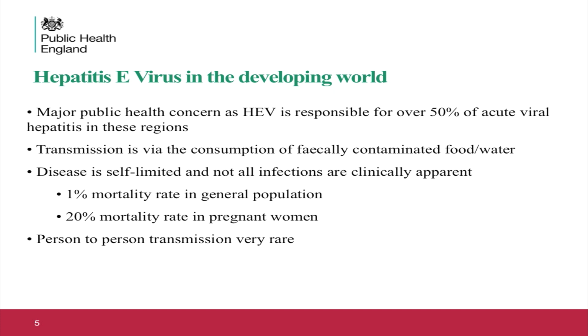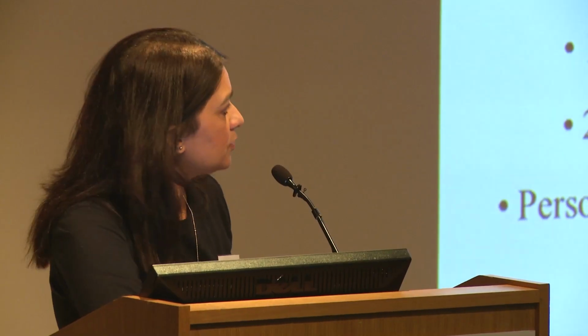The disease itself is fairly self-limited, and not all infections are clinically apparent. There's up to about a 1% mortality rate in the general population, but this increases dramatically to anything between 20 to 30% in pregnancy, and is obviously associated with very poor neonatal outcome as well. Why this should be so is still not very well understood. But unlike hepatitis A, hepatitis E actually transmits very rarely from person to person.